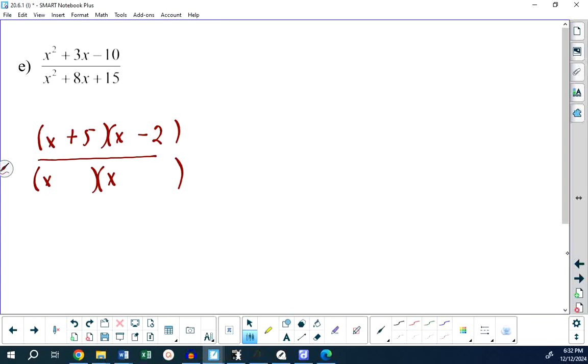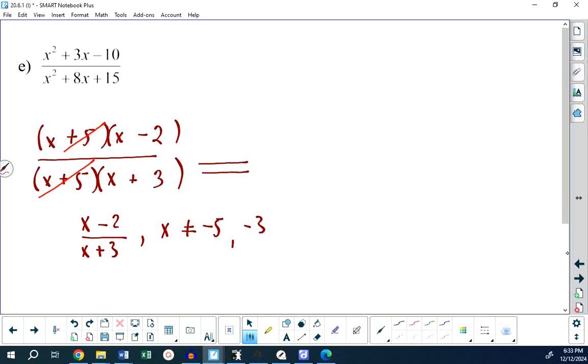In the bottom, we're looking for two numbers that multiply to give 15 and add to give 8. We can cancel the x plus 5s. Our answer is x minus 2 over x plus 3. And x is not allowed to be negative 5 or negative 3 because of the original denominator in factored form.